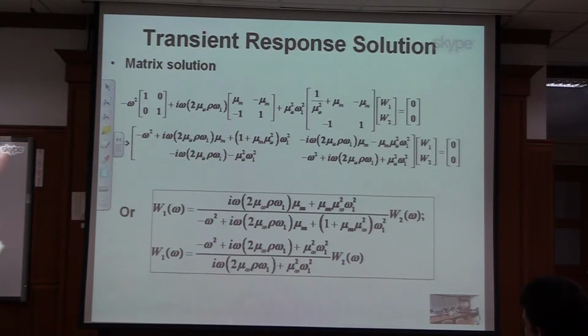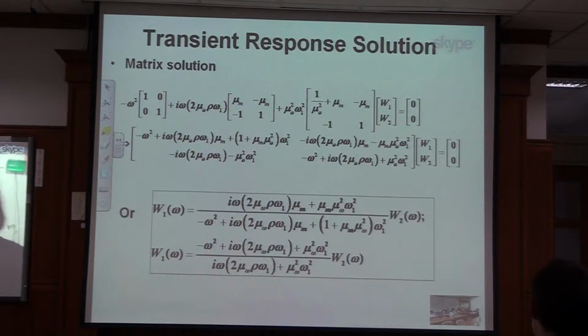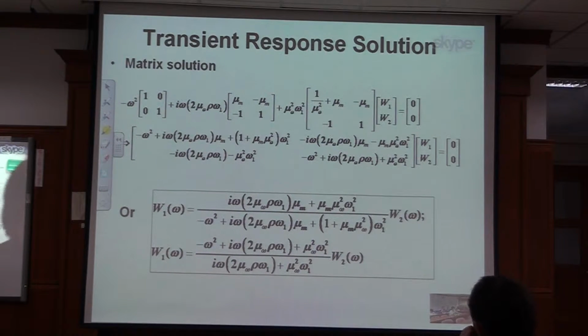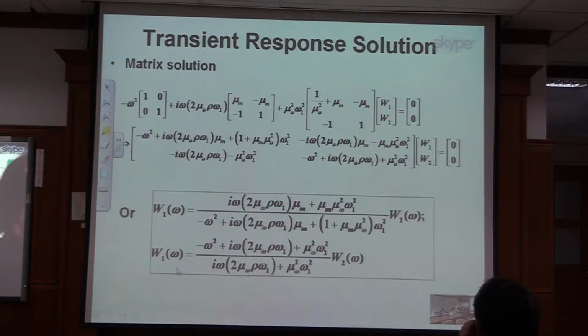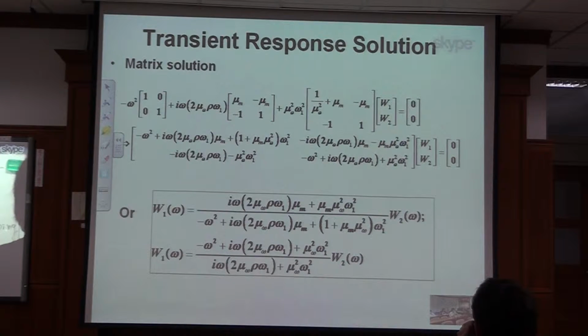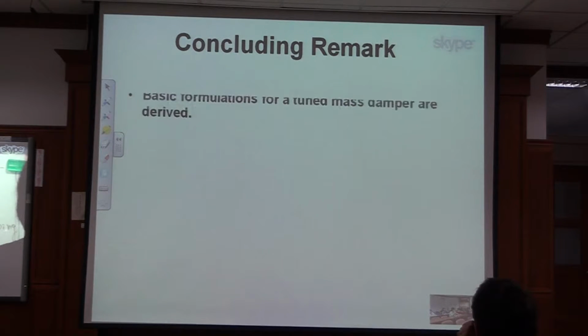Because we don't have U1, the transient response will give you the relationship between W1 and W2. So this is our transient response formulation. I'm going to skip this one because we'll come back to it later on.